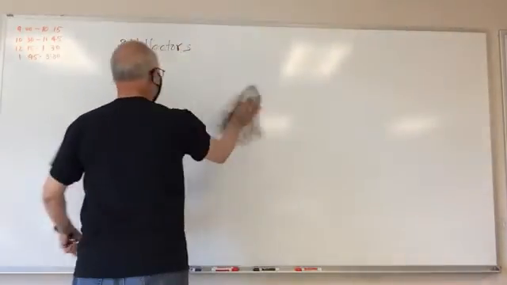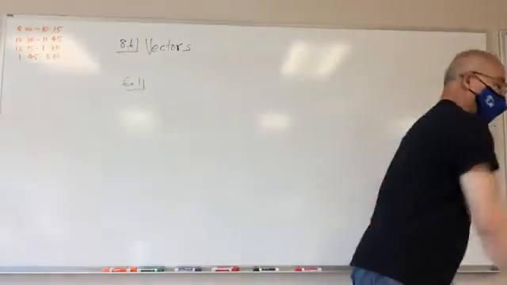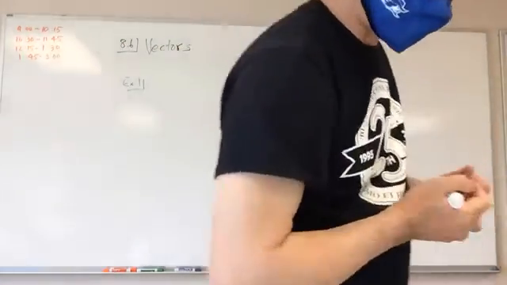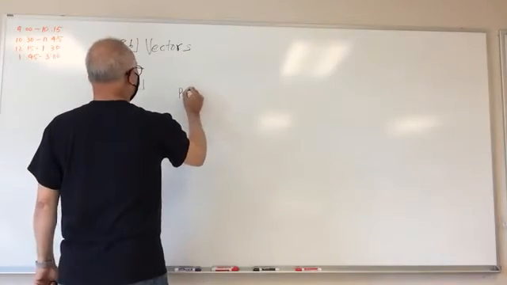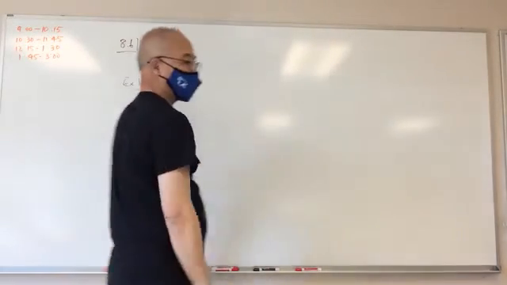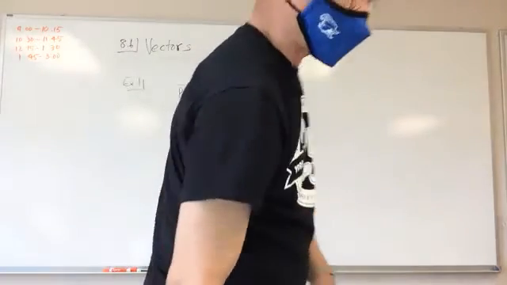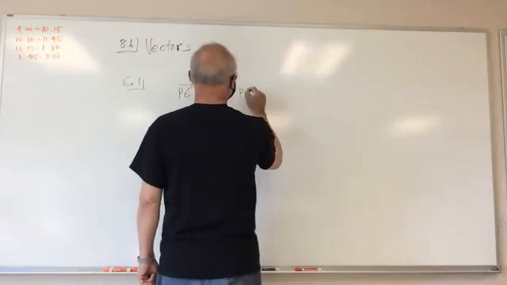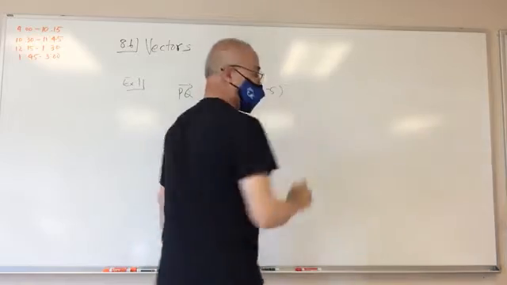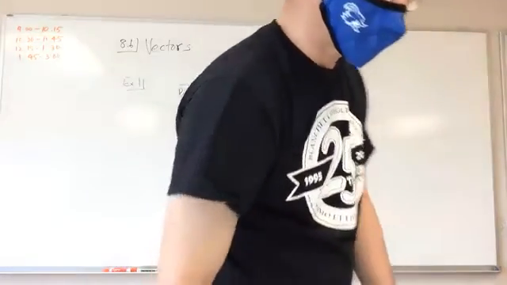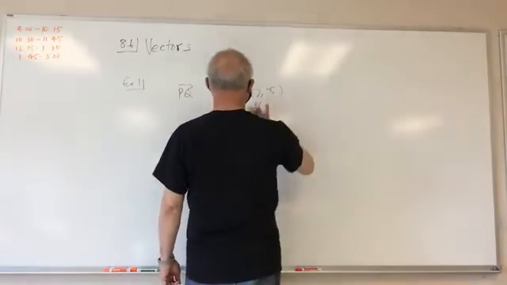Okay, and B is actually going to give you coordinates, so you're going to have to trace the coordinates. You're going from P to Q, where P is 7, negative 5, and Q is 4, 3.